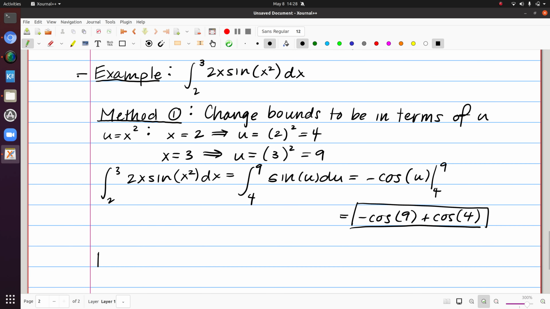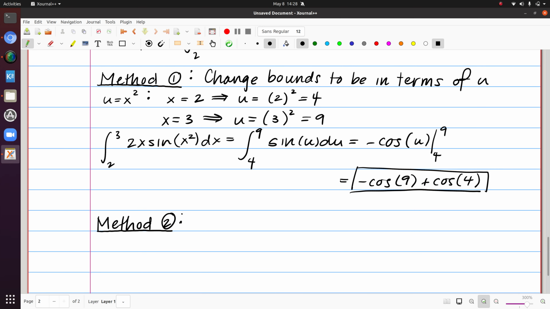But to be clear, another way we could go about this is to change the antiderivative back to x. So hopefully this will gain some clarity in a moment here. So suppose that we're doing this and I'm using my u-substitution.